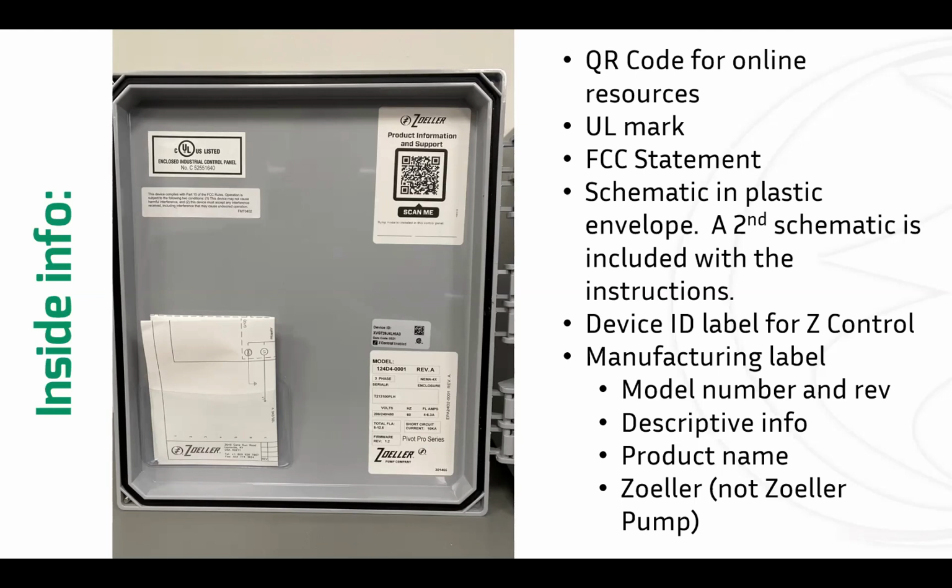On that same sticker, right now, that's an old version of the sticker in the picture there, but there's a bunch of prompts there too. So we all know, as people that spec products and instruct people how to put products in, we want them to do a startup and to record certain data. The new, revised sticker has more lines, and it's basically prompting them.